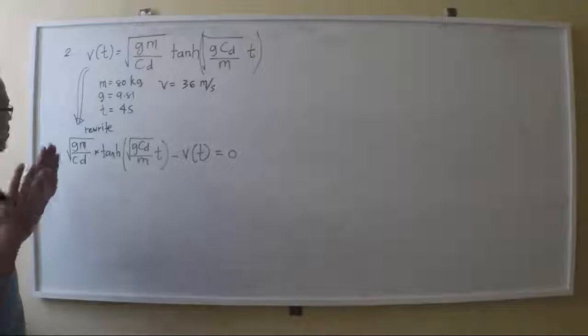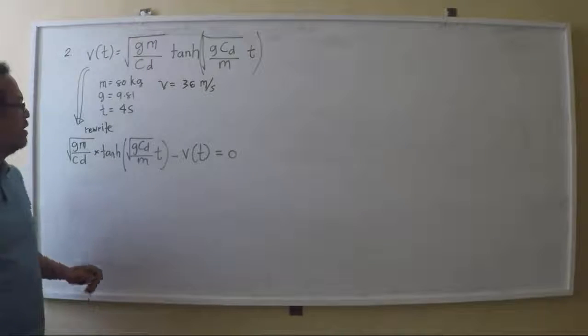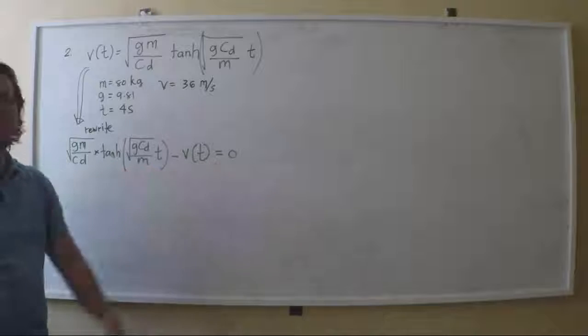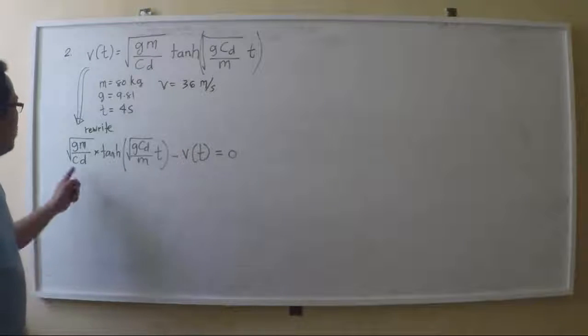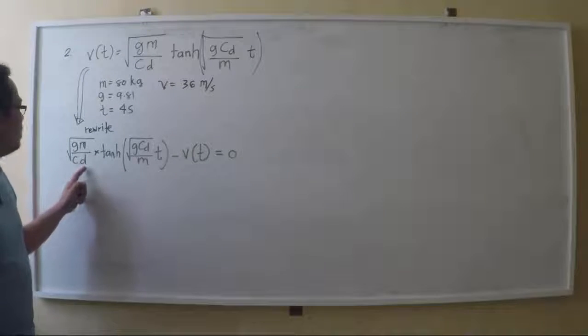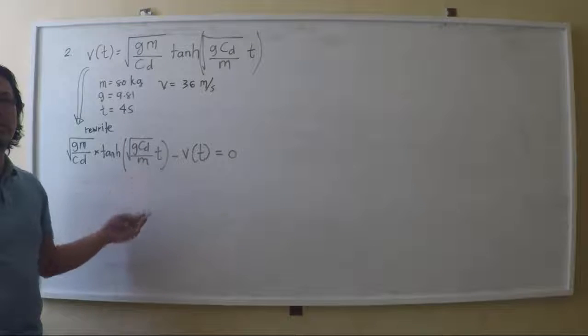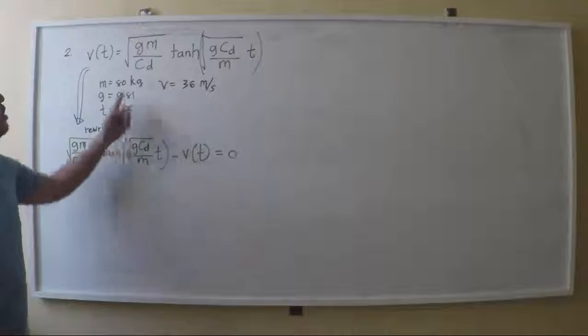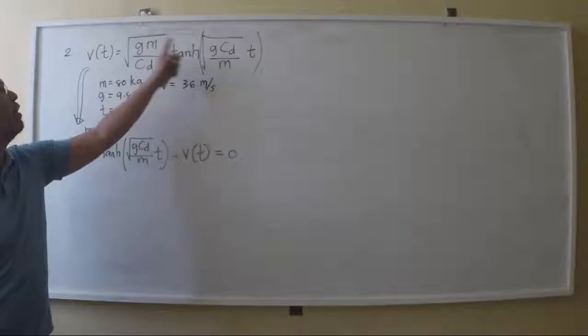You compute this function, you subtract this one here and set it equal to 0, and then what is the value of CD that will make this function equal to 0? That's actually the coefficient of drag that we are looking for. Do not just equate this immediately.